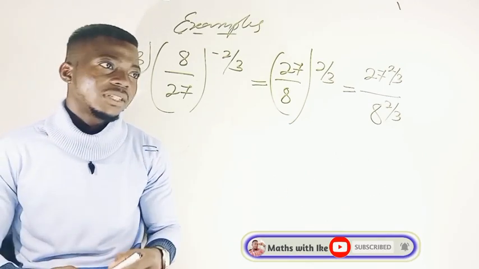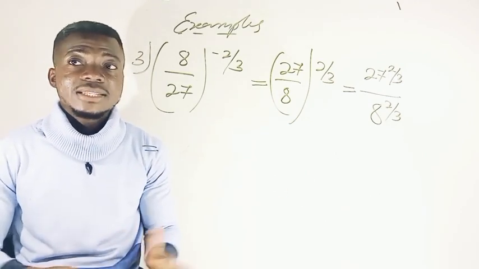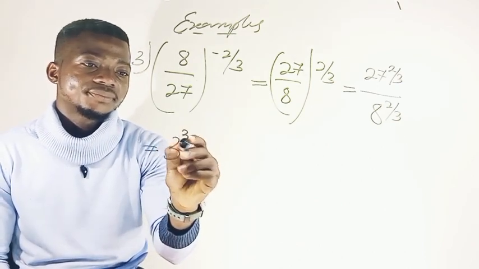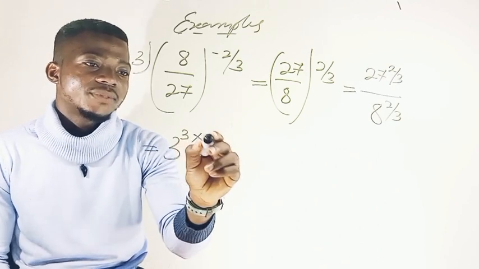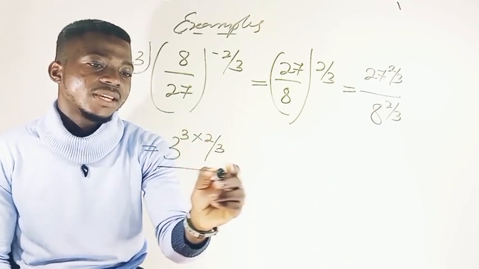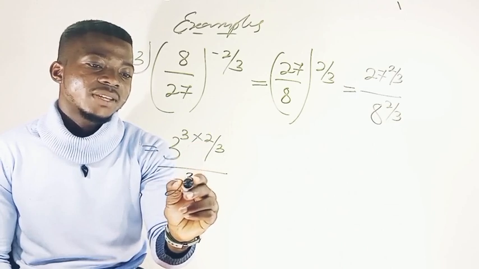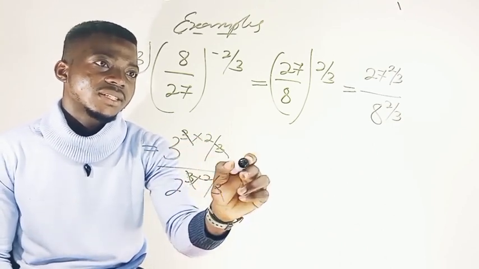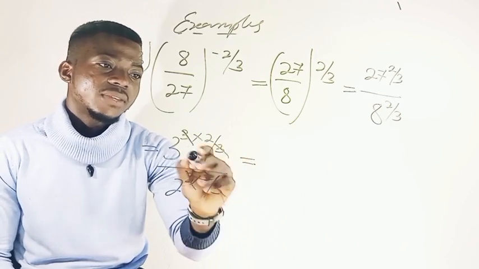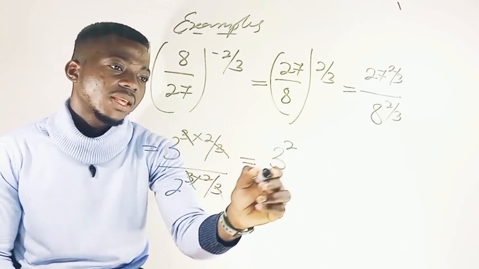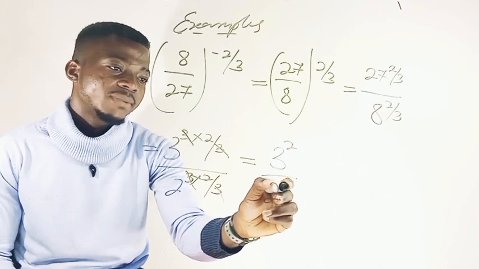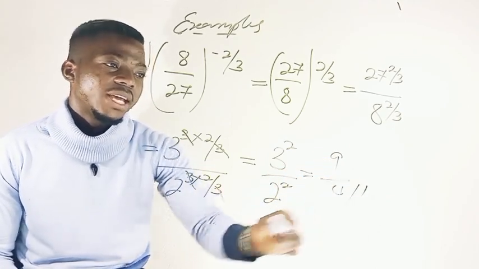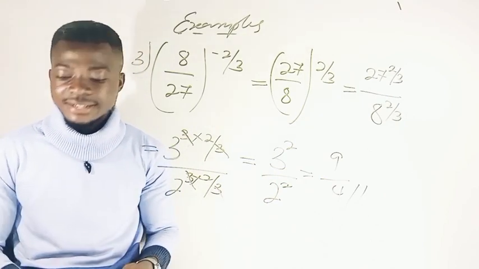I mean 27 as 3 exponent 3, and 8 as 2 exponent 3. So we have 3 exponent 3 over 2 exponent 3, all exponent 2 over 3. The 3 cancels that, the 3 cancels that. We're left with 3 exponent 2 over 2 exponent 2. 3 exponent 2 is 9, 2 exponent 2 is 4. And that is our answer for that question.